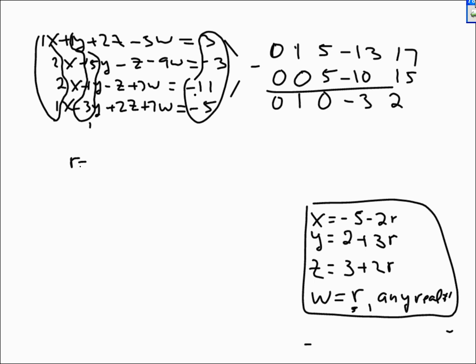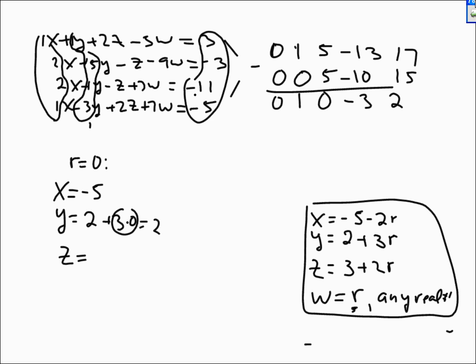If r is equal to 0, then x will be negative 5 minus 2 zeros, which is negative 5. Y is 2 plus 3 times 0. 3 times 0 is 0. 2 plus 0 is 2.